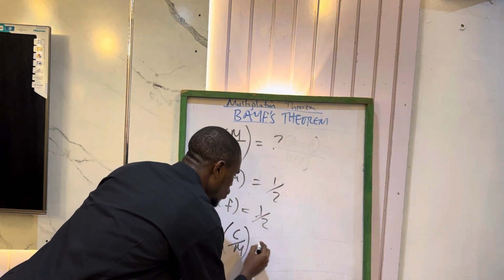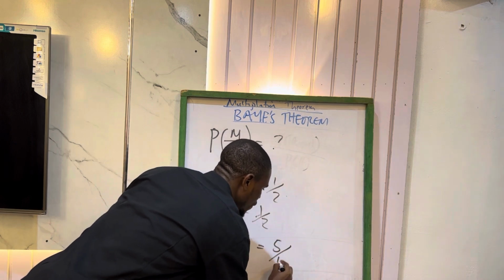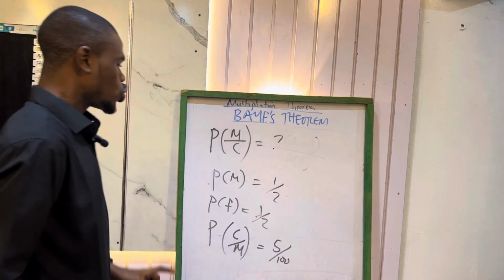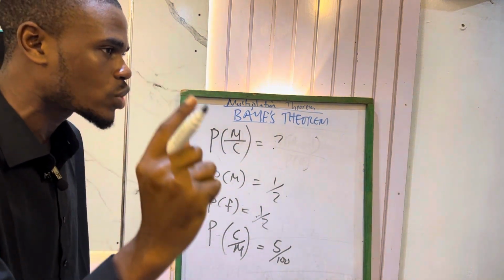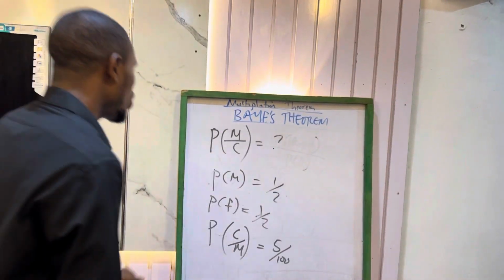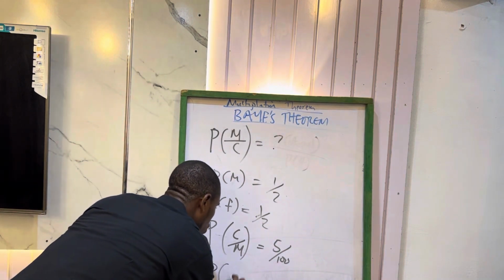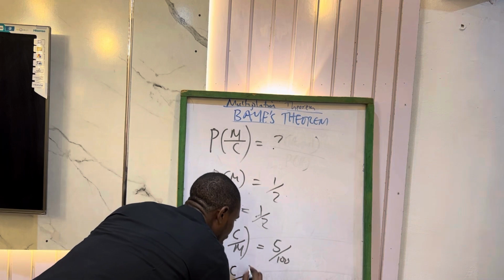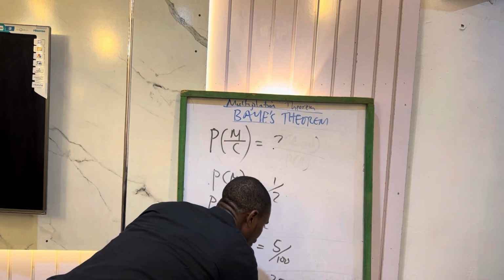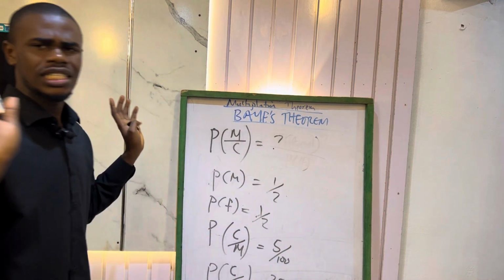Probability of colorblind over men is equal to 5 out of 100. So the next sentence they mentioned, they say, suppose 25 women out of 1,000 are colorblind. So this will give us probability of colorblind over women is equal to 25 over 1,000. It's as simple as that.